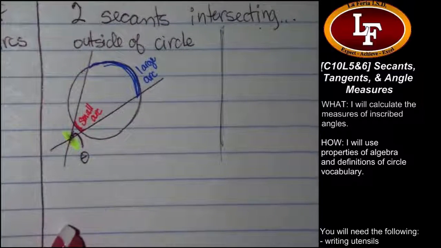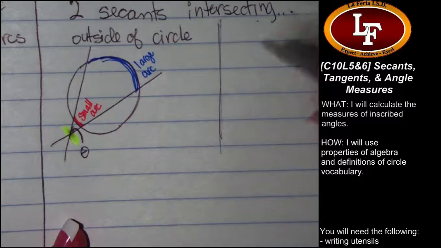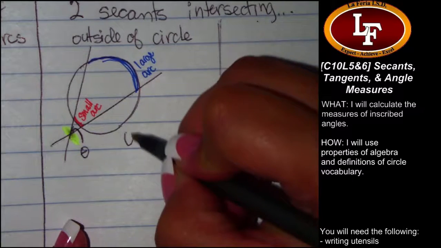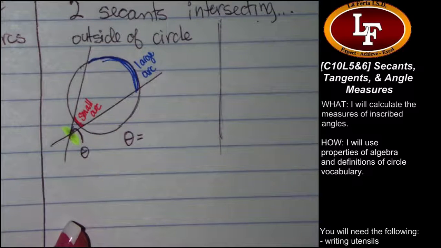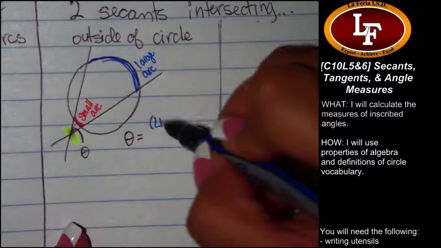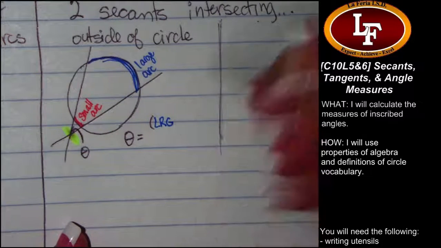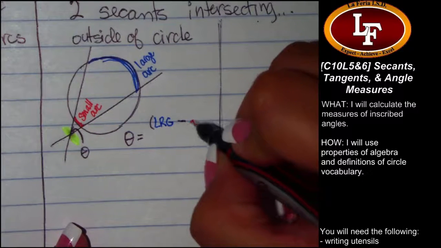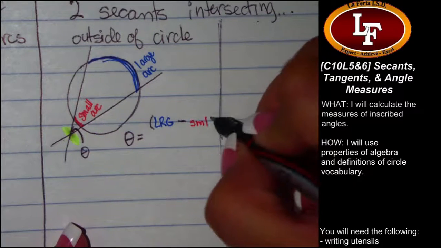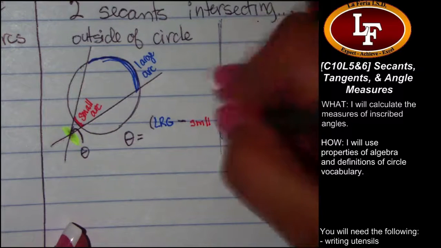From these three things, we get this formula. The measure of that angle theta is given by the measure of the large arc, I'm going to abbreviate, capital letters LRG for large, minus lowercase SML for small.